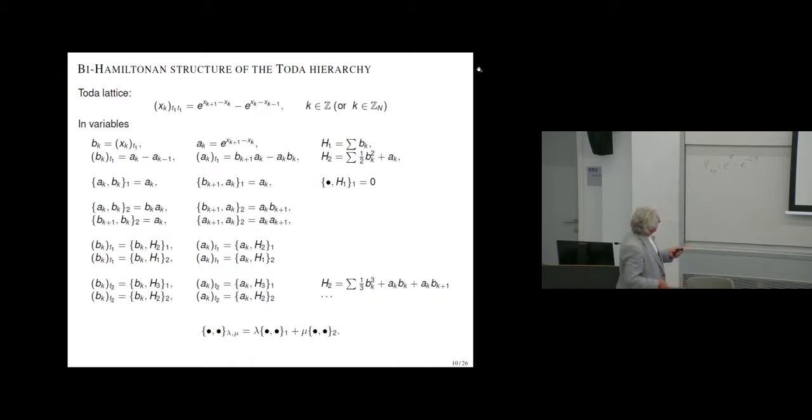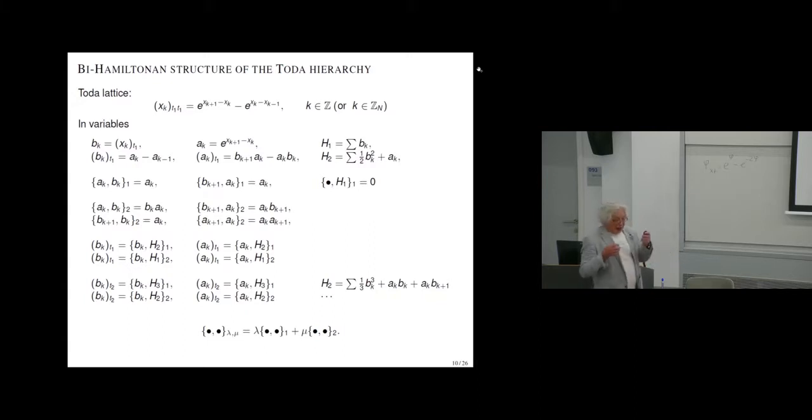And in the commutative case, we have two Hamiltonian structures. One Hamiltonian structure is given by these Poisson brackets, and the rest of the Poisson brackets are here, with H1 here. And there is a second Poisson bracket here, which is given by these identities, and all other Poisson brackets are zero.